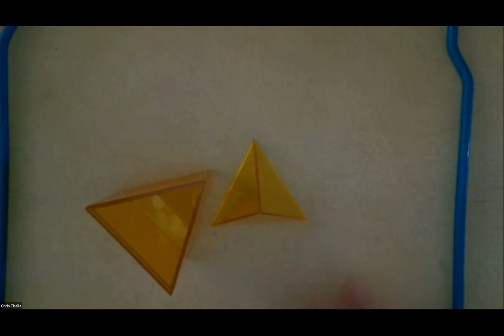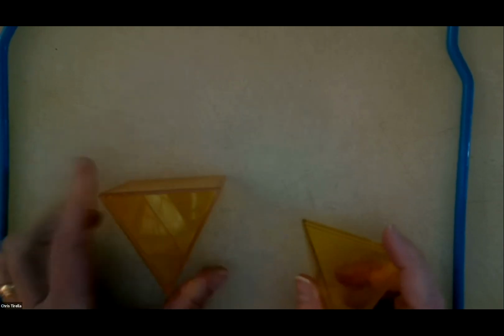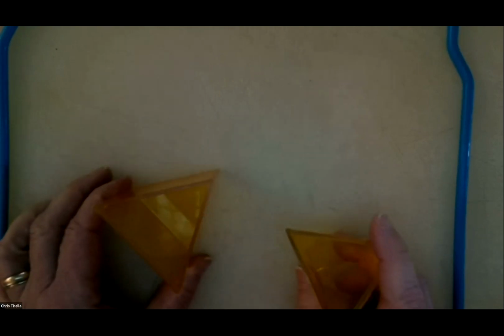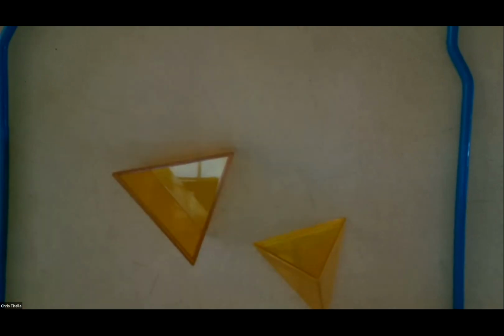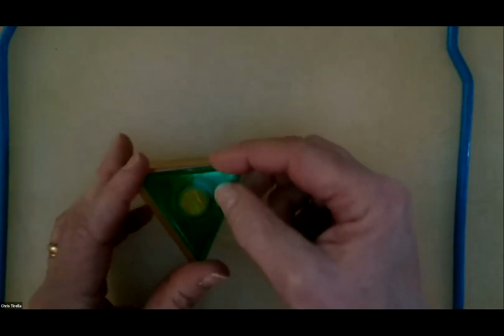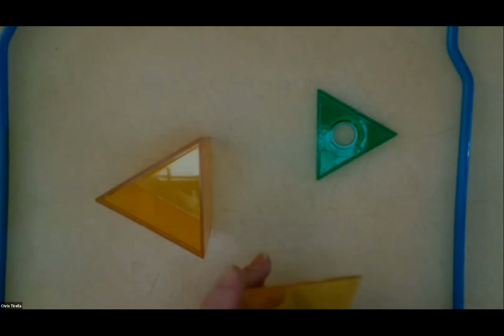I want to compare the volume of my pyramid, how much stuff I can fit inside of it, to the volume of my prism that has the two bases that are parallel. We know the volume of the prism is equal to the area of the base times the height.